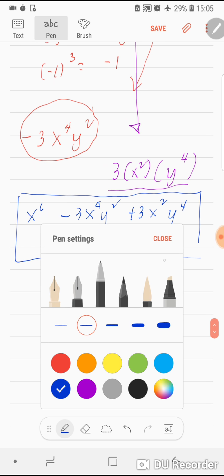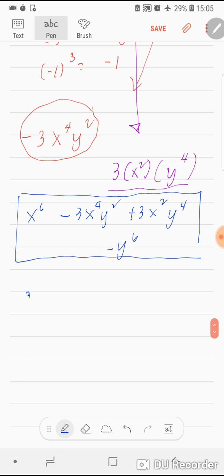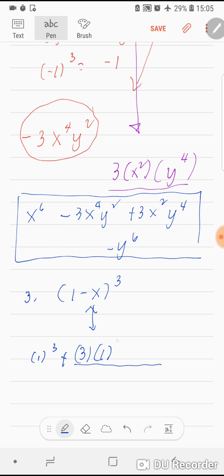Let me think of another problem, number 3: (1 − x) cubed. This looks like (x − 1) to the power of 3, but let's forget about that for now. Same drill: 1 to the power of 3, then for the middle term, put down 3, then double 1, then negative x.